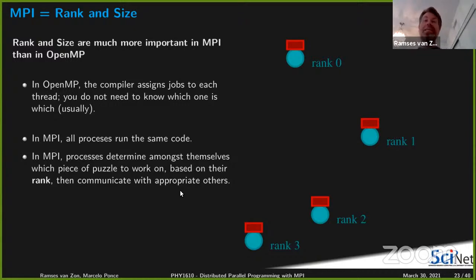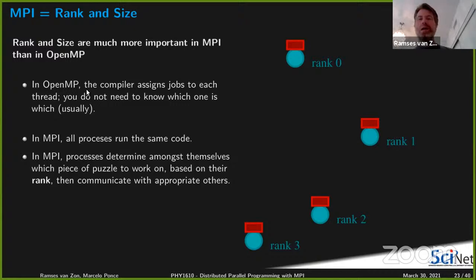OpenMP takes care of that, and it can do that because it's a language extension. It can look into your code and basically change it. MPI cannot do that. It's a library. It cannot look into your code. Those MPI CXX calls are not real compilers. They are just wrappers. It's still just G++, and G++ can't know what's going on in your other code.